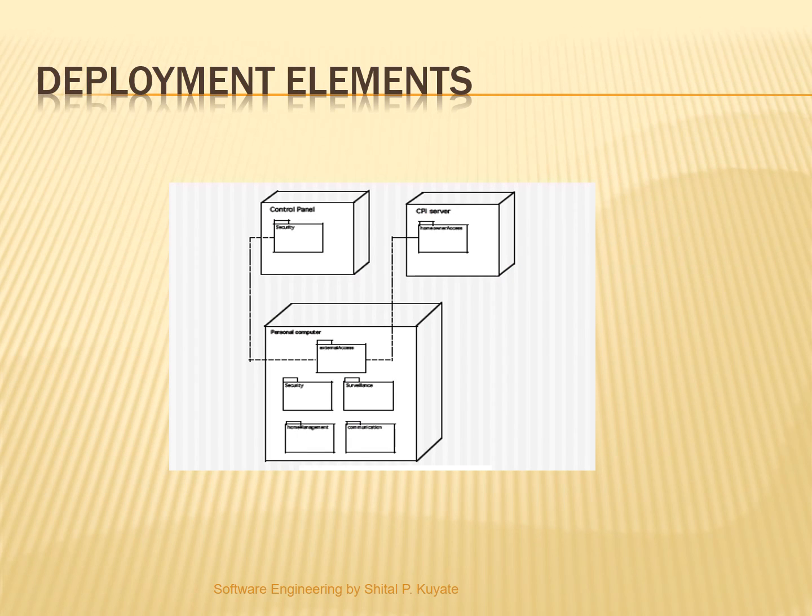Look here, these are the deployment elements. As I have already discussed, these deployment elements show the actual nodes present in our system whenever we are going to deploy our system. So here we have one control panel, then the CPU server, then one personal computer. So all this is about the deployment elements.